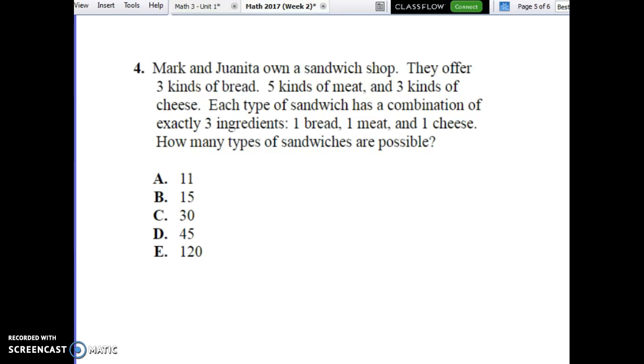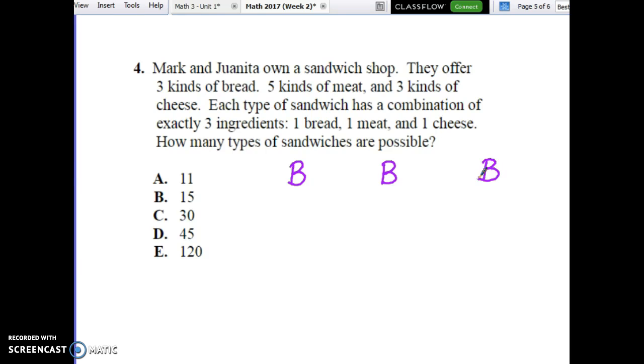So I'll start by making a diagram. There are combinations starting with the 3 kinds of bread. So one sandwich consists of bread, and we've got 3 kinds. So there's kind 1, B for bread, kind 2, and kind 3.